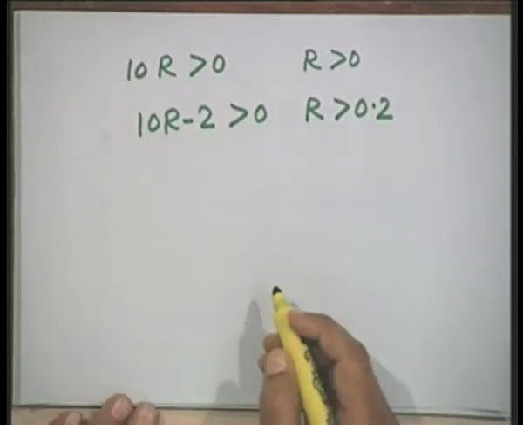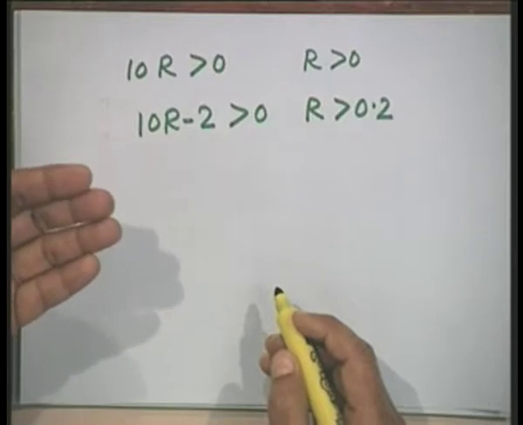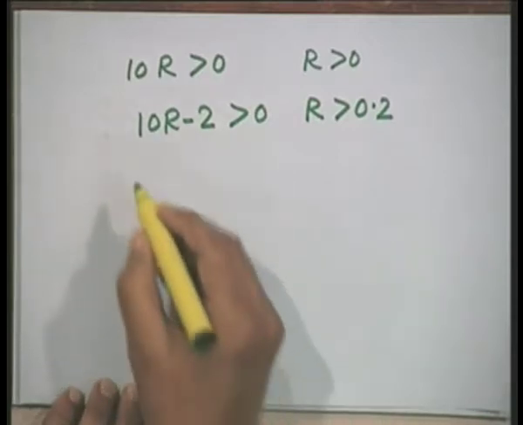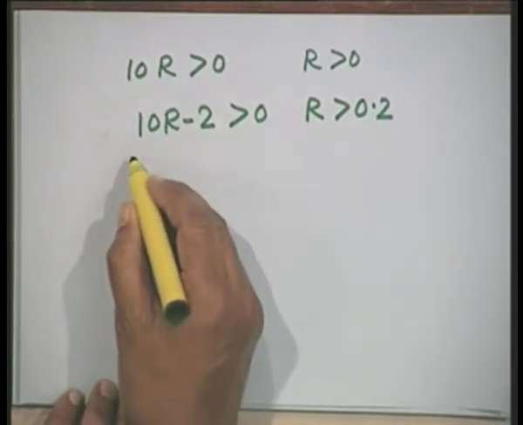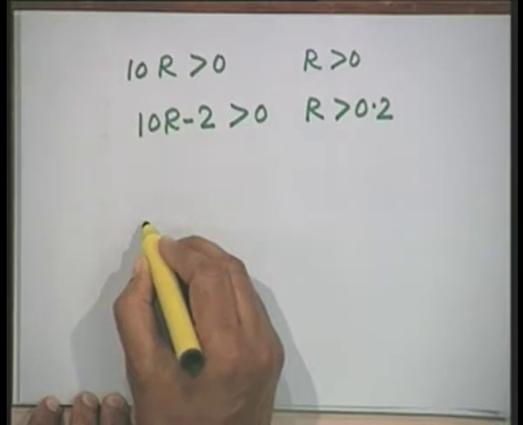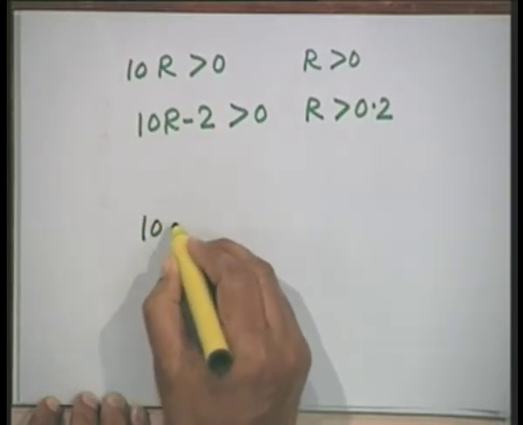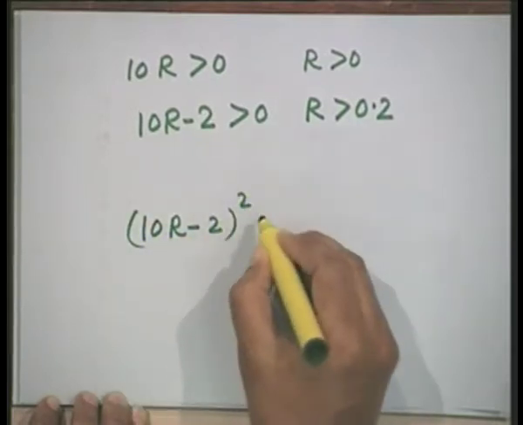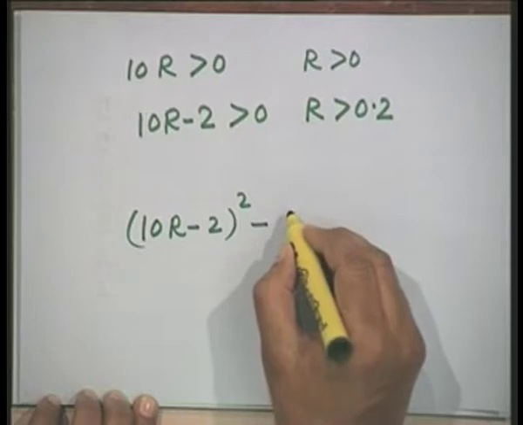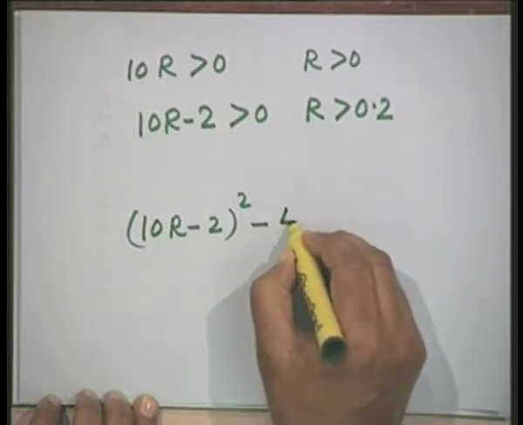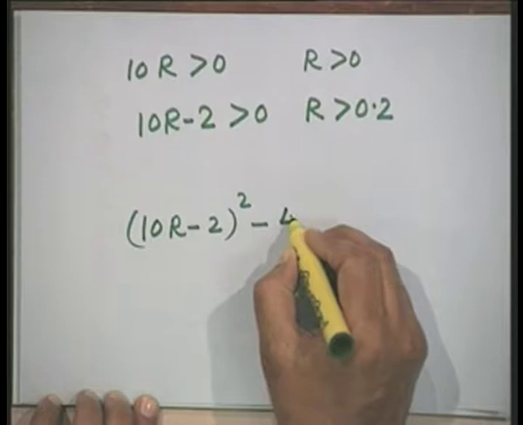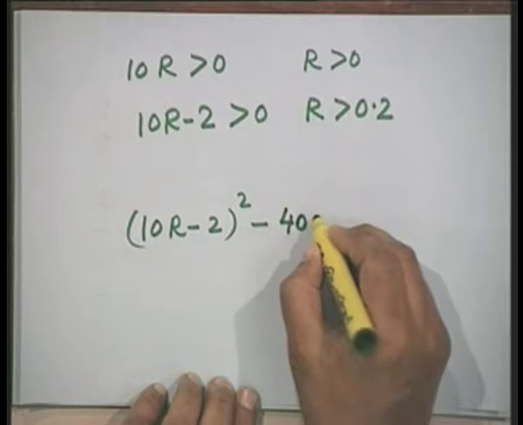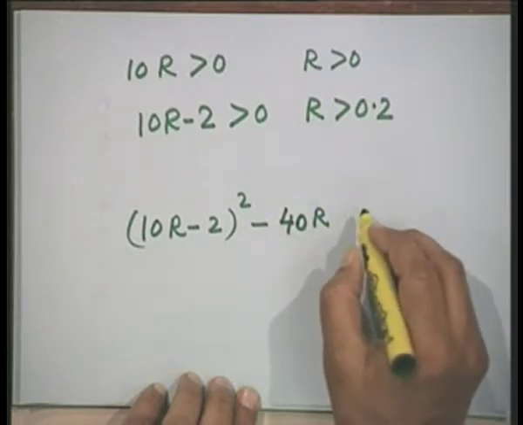Now, suppose I want the response to be critically damped. Then for a critically damped response, our requirement is (10 R minus 2) whole squared minus 40 R equal to 0.